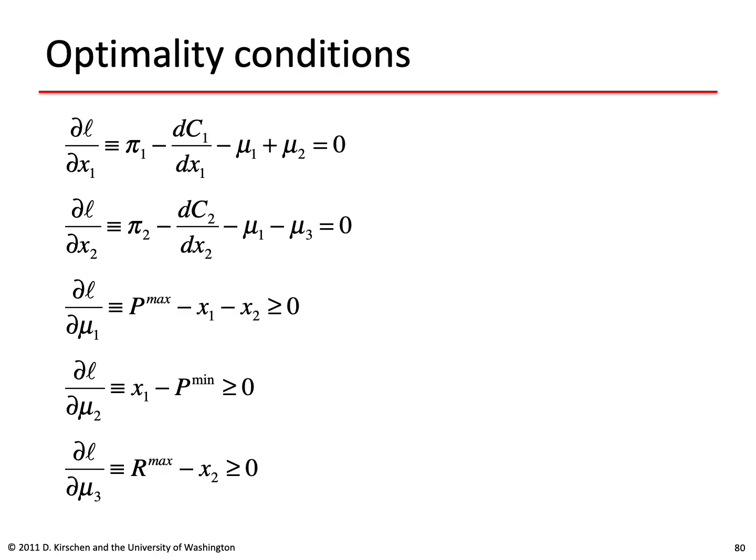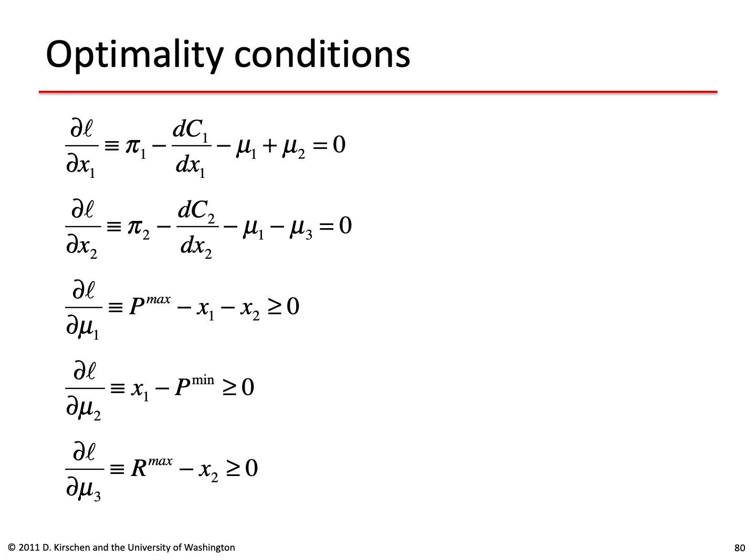The next step is to write the optimality conditions for this problem. We have 5 optimality conditions because we have 5 variables. The first two equations correspond to the partial derivatives of the Lagrangian with respect to the decision variables x1 and x2.